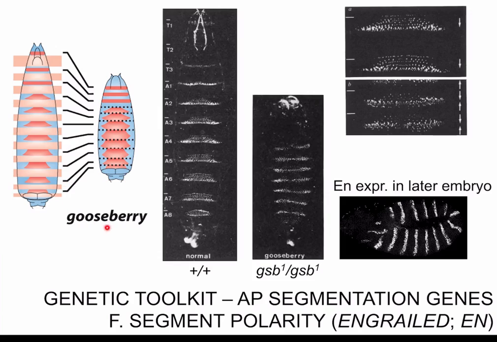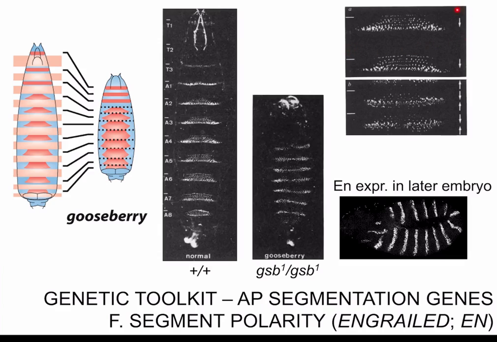So here in this mutant called gooseberry, you were missing the naked part of the cuticle of each segment, and instead the naked part was replaced by a mirror duplication of the denticle belt in each segment. This can be seen better in this close-up of the cuticle pattern.